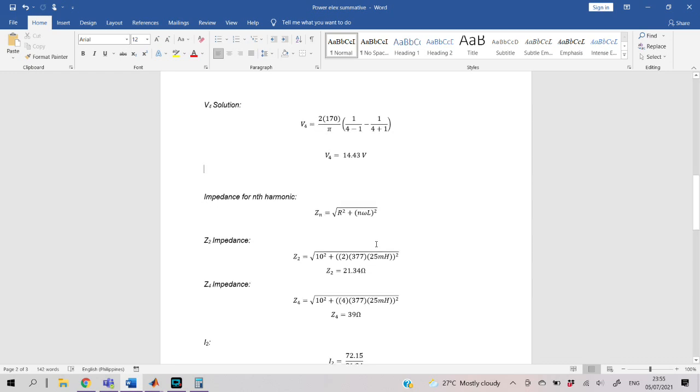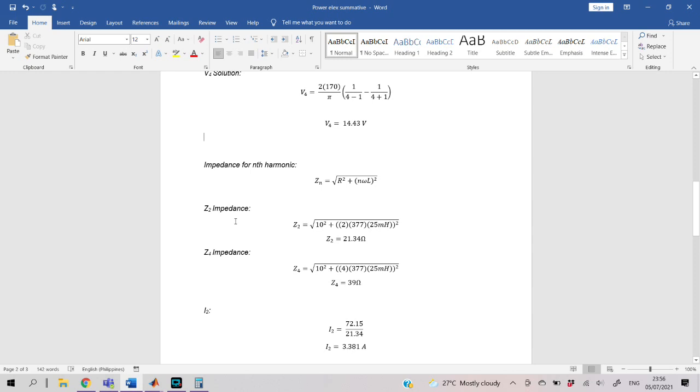The formula for the impedance is Zn equal to the square root of R squared plus (n omega L) squared, which has the form of R plus j n omega L. Since we are dealing with the magnitude, we square R and n omega L, and then take the square root of the sum of the squares of the two quantities.